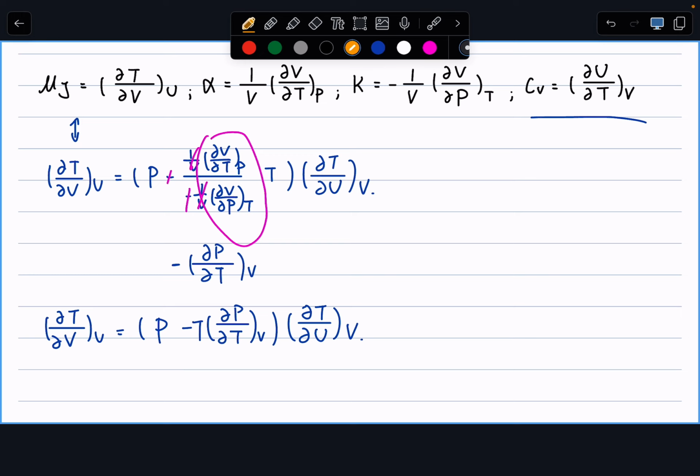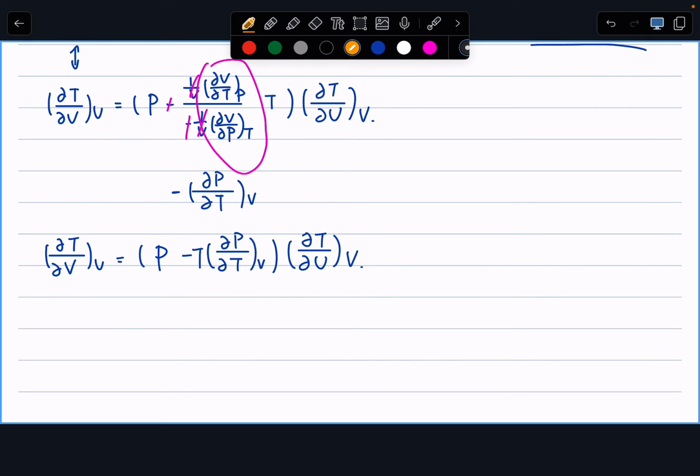There's one more thing you can look at. We have these two terms. Whenever you see three things interconnected with each other, it's a hint to use the cyclic chain rule, because you can always reduce these partial derivatives into something we already know.